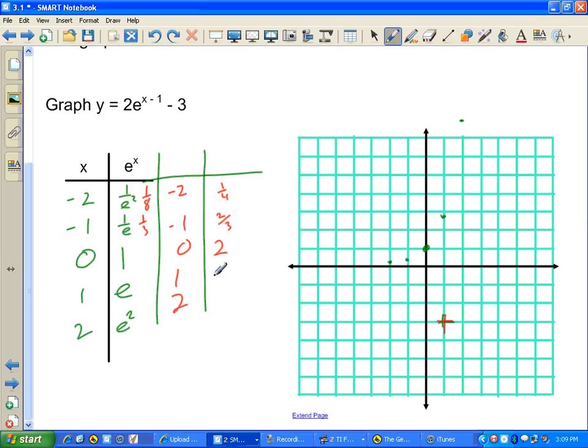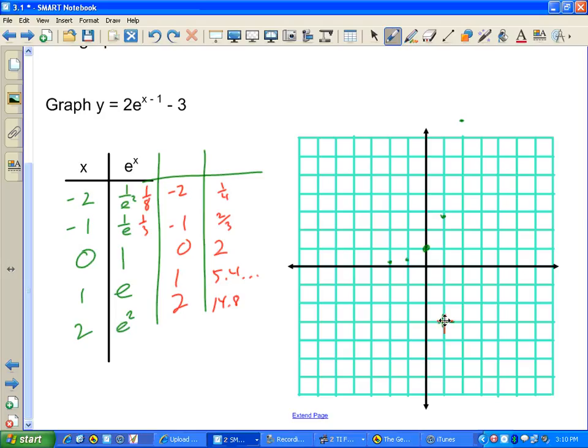This would double, so 2e, which would be 2 times 2.7, would be 5.4 or something. e squared was about 7.5, 7.4, so if I double that, that puts me at 14.8. So just rough estimates here.